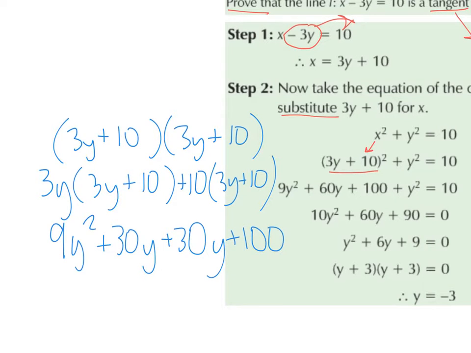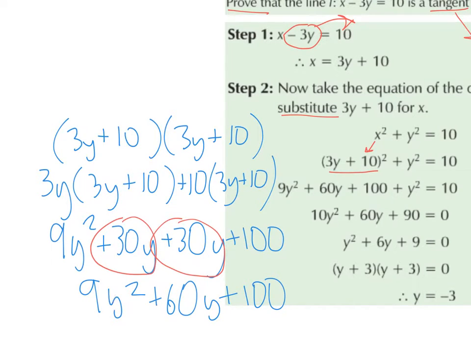Now we need to simplify. So bring down the 9y squared, 30y plus 30y is plus 60y, and bring down 100. So 3y plus 10 squared gives us 9y squared plus 60y plus 100.